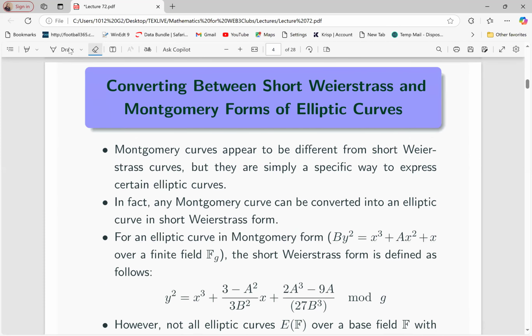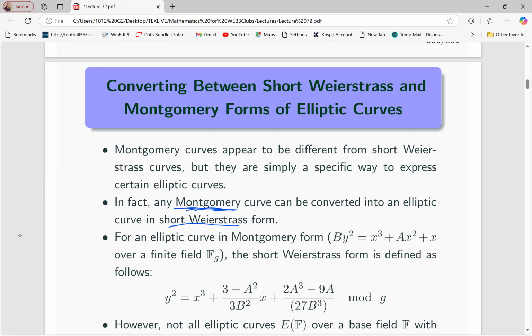So we're looking at converting between short Weierstrass and Montgomery forms of elliptic curves. One thing that I've noted is that all Montgomery curves, any that you get, can be converted to short Weierstrass.